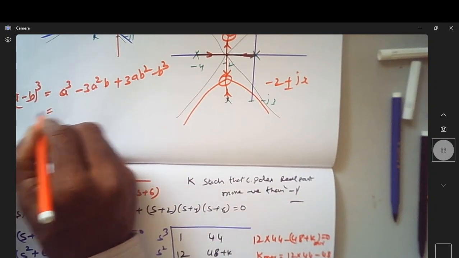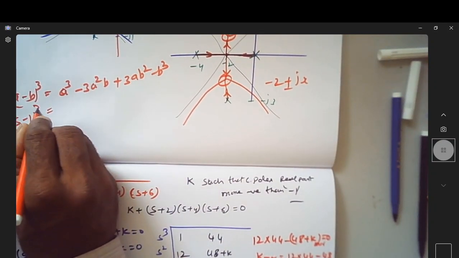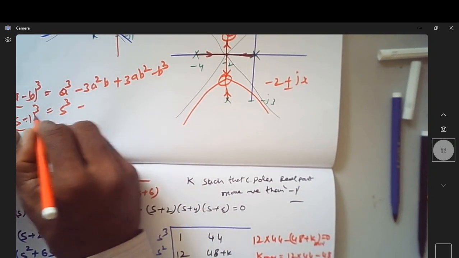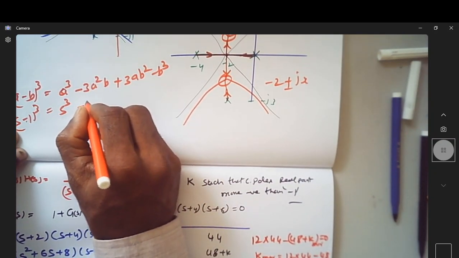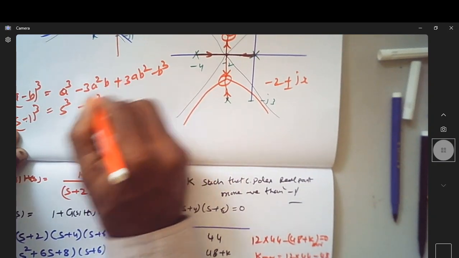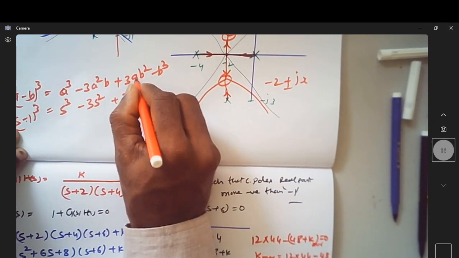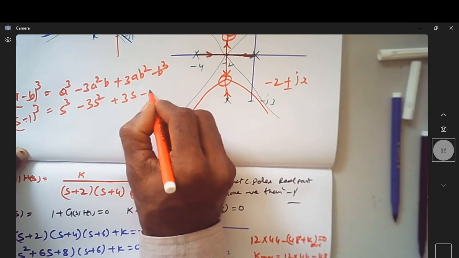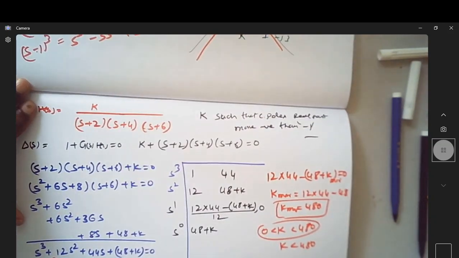So here, in place of a you have s, in place of b you have 1. So it is minus 3s square, plus 3s, and minus 1. This is what we have.